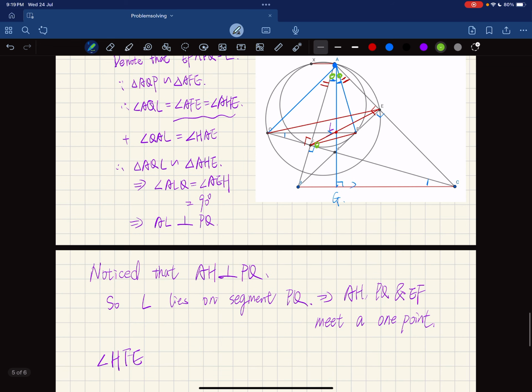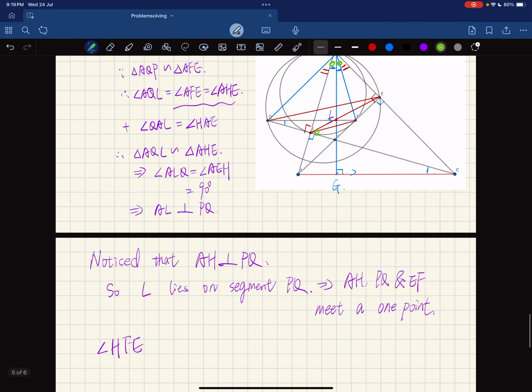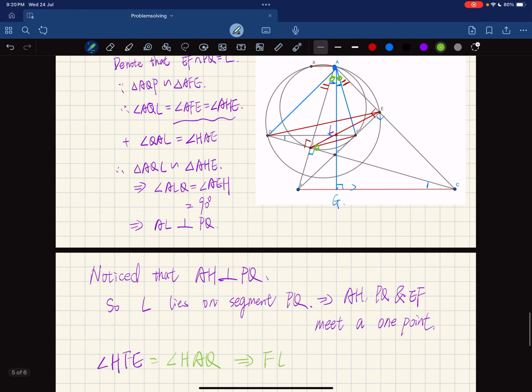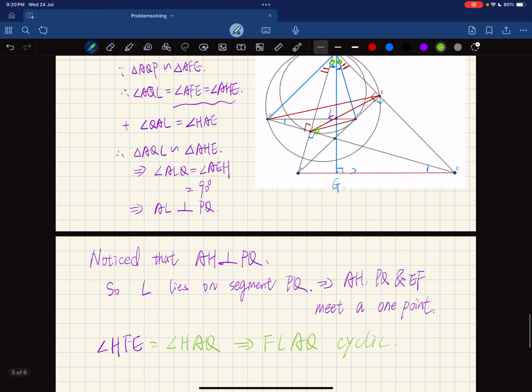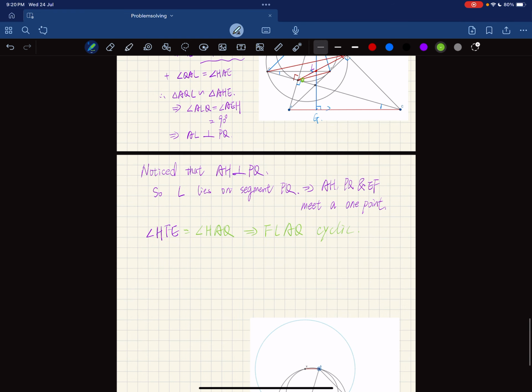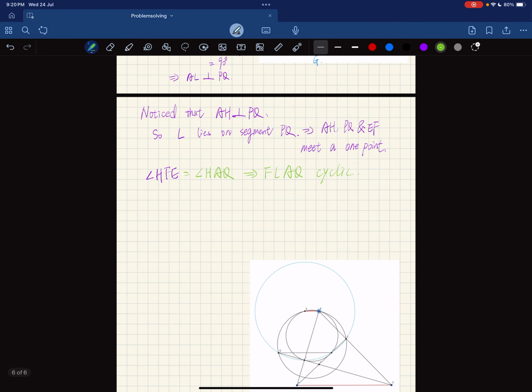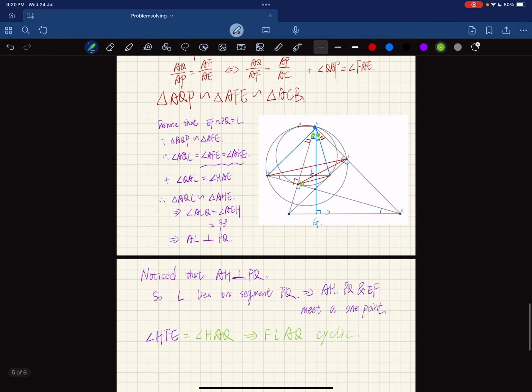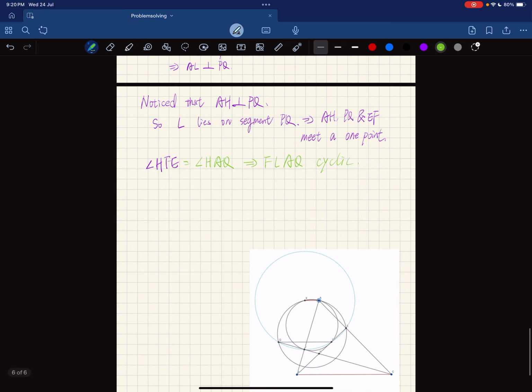So since we have this HAQ, that leads to F, L, A, Q cyclic. Yeah, that's right.